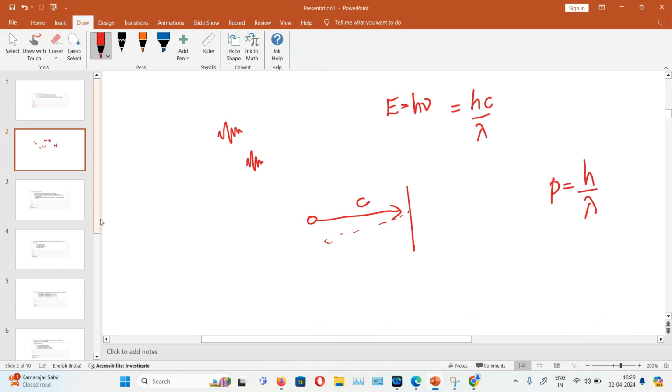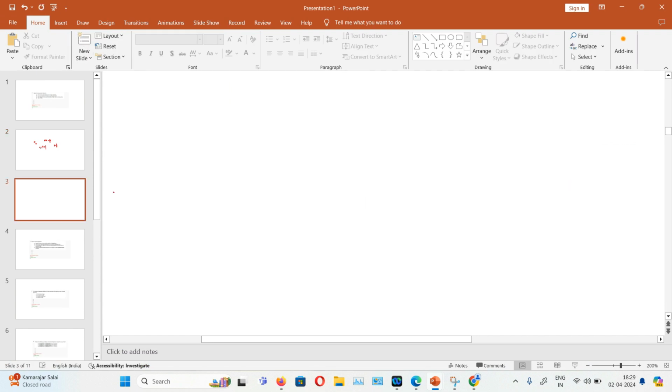Now see, I'm saying the photon is moving in this direction, so the momentum of the photon can be represented like this.